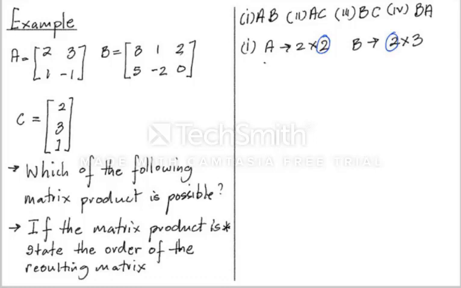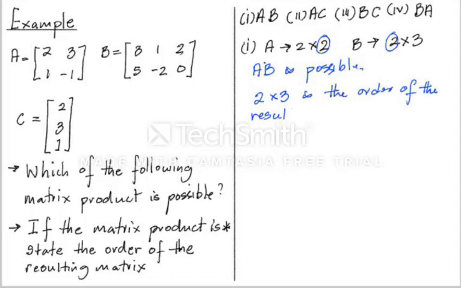So therefore, the two matrices are indeed compatible for multiplication. So AB is possible, and 2 by 3 is the order of the resulting matrix.